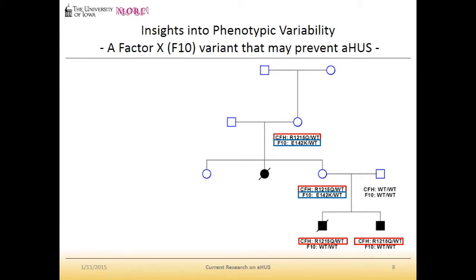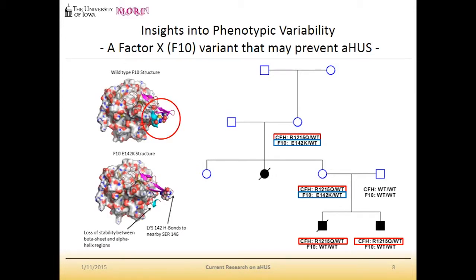And what does this variant do? This variant has been reported to cause factor 10 deficiency. That means if people have this mutation, they will have a lower level of coagulation activity. So we did a computational analysis to see what this variant could do, and it turns out that this variant actually changed the factor 10 structure and the protein level.